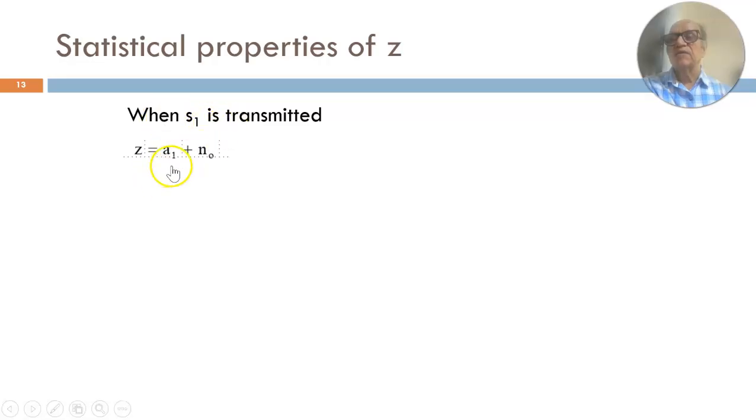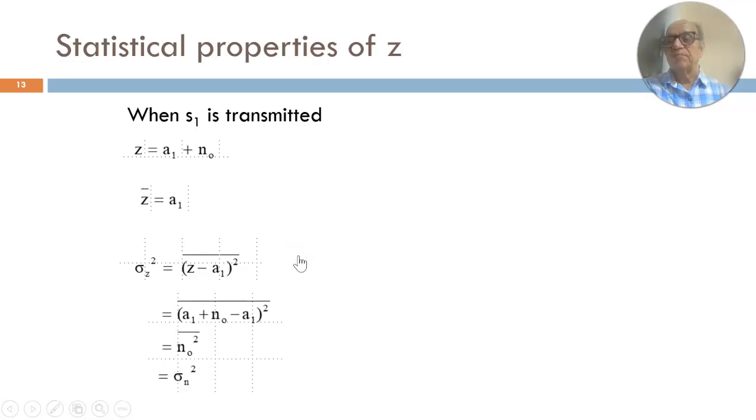When S1 is transmitted, the output from that final sample block is A1, and then this is the filtered value of the noise at the output where we are taking the sample. So the average value of Z, since the average value of N0 is 0, is the same as A1. And sigma Z squared, the mean squared value, is the average of (Z minus A1) whole squared.